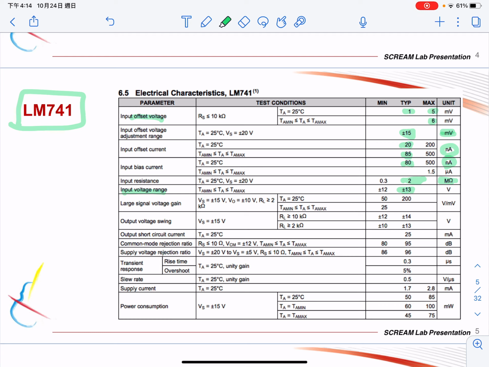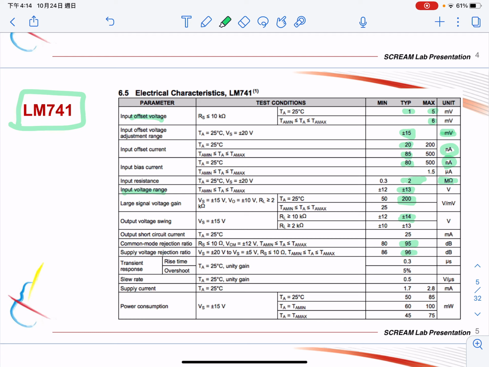The voltage gain is not very big, 200. The output voltage swing can be as large as plus and minus 14 volts if you give 15 volts as your power supply. The common mode rejection ratio is 95 dB, and the power supply rejection ratio is 96 dB, also quite big.